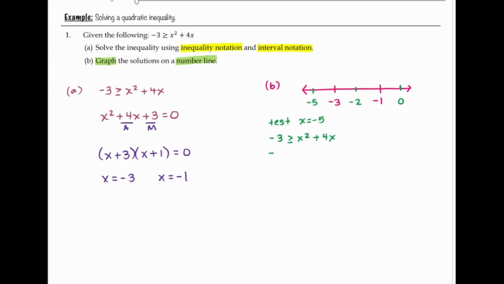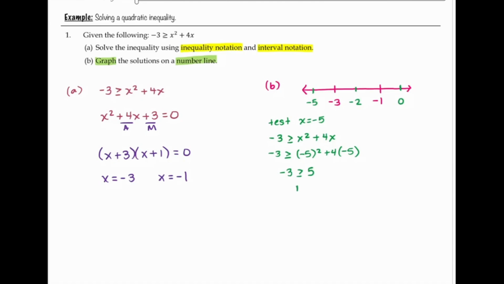So I'm going to replace all of my x's with -5 and calculate. -5 squared would give us 25. And 4 times -5 is -20. So 25 minus 20 would be 5. Here is our statement: -3 is greater than or equal to 5.